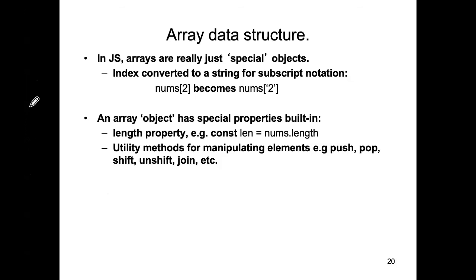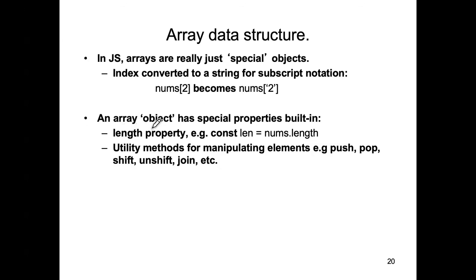An array of objects. When you declare an array, it's converted into an object internally by the runtime environment, but that object has some extra properties added onto it because it originated from an array declaration. Some of these properties are, for example, that you can determine the length of the array.